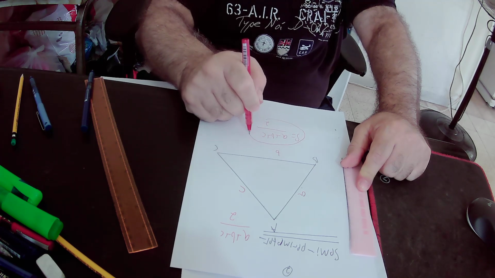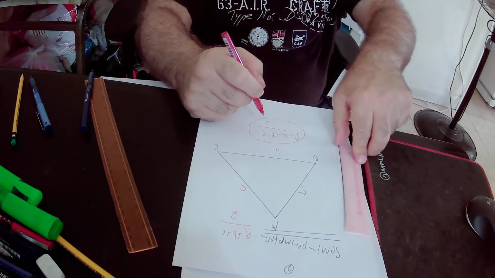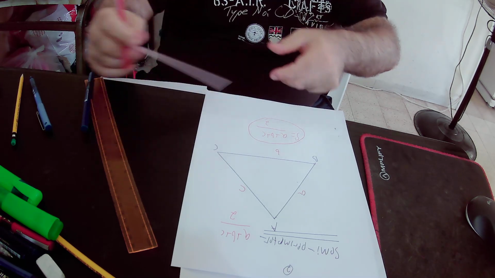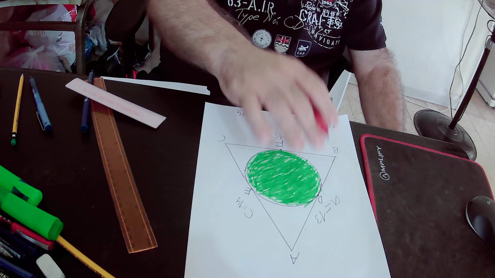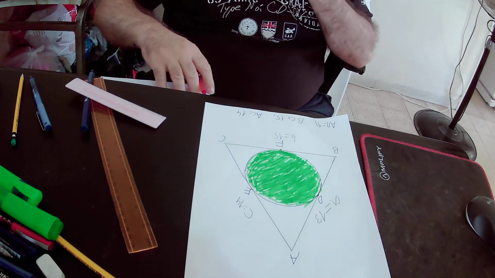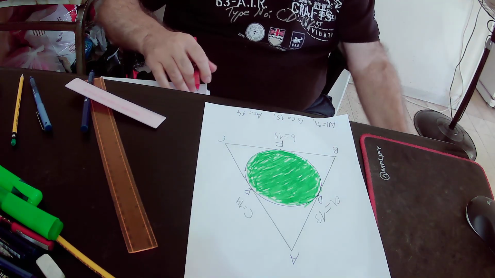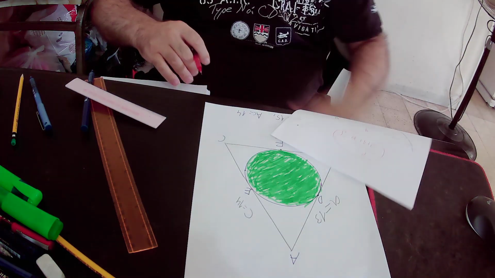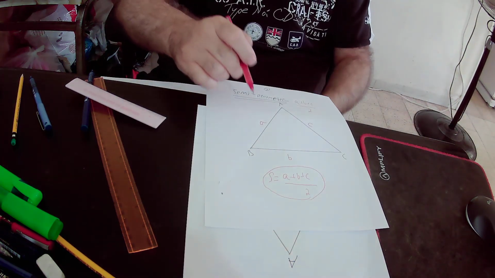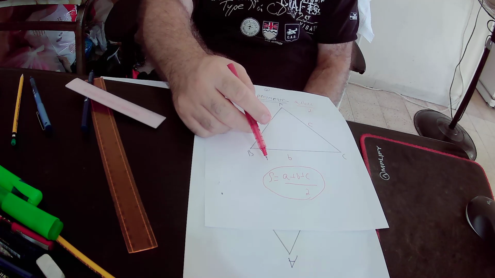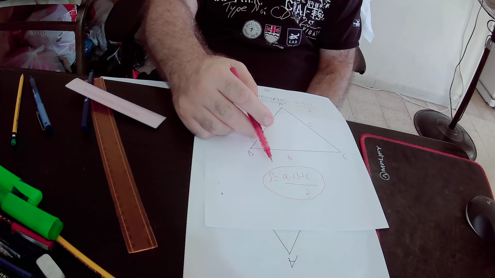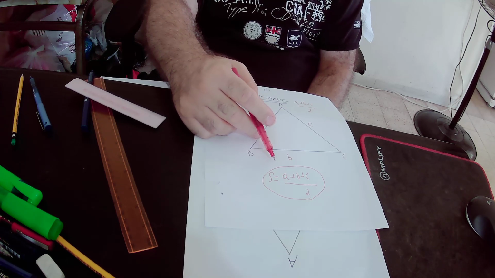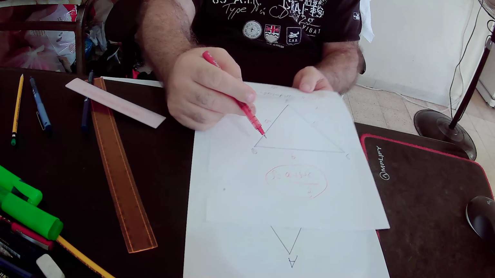Okay, so we will find out now the semi-perimeter of our triangle ABC, according to the formula of the semi-perimeter, that it equals the sum of the sides of any triangle over 2.